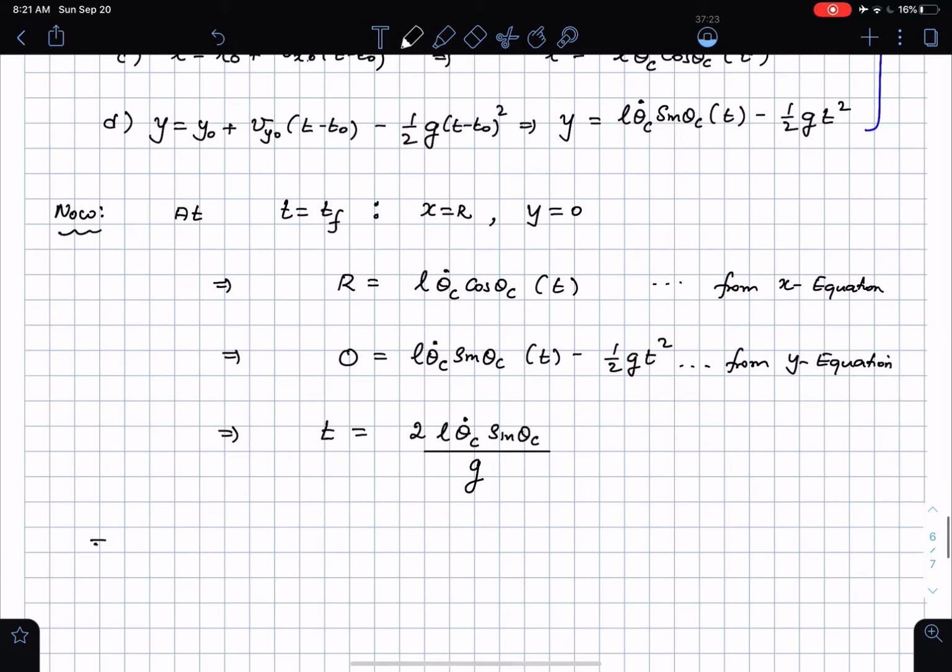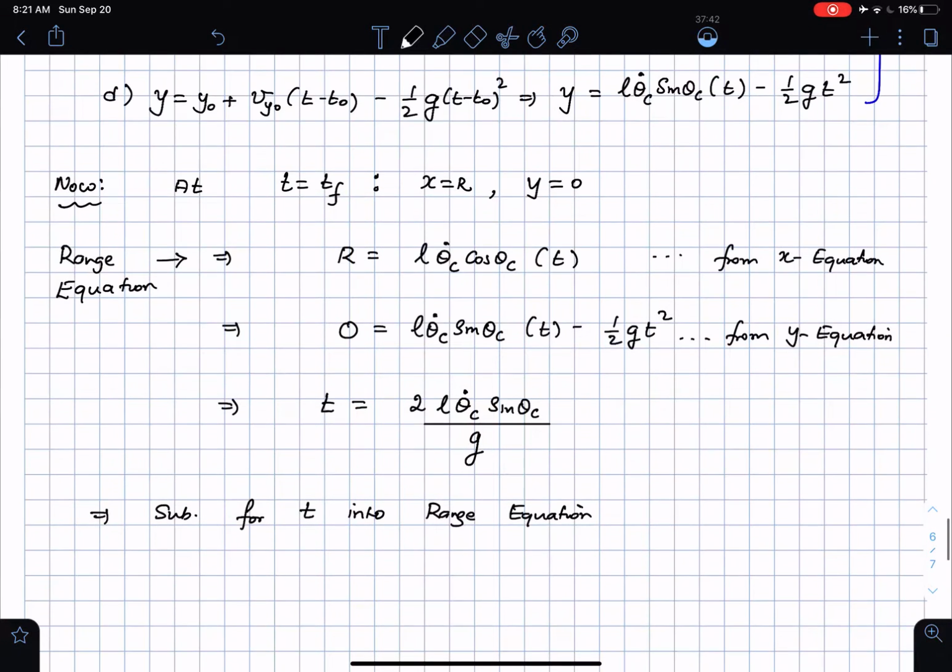Which means that I substitute for t into the range equation. What is the range equation? This is the range equation. Okay, what do I get? I end up getting the following.